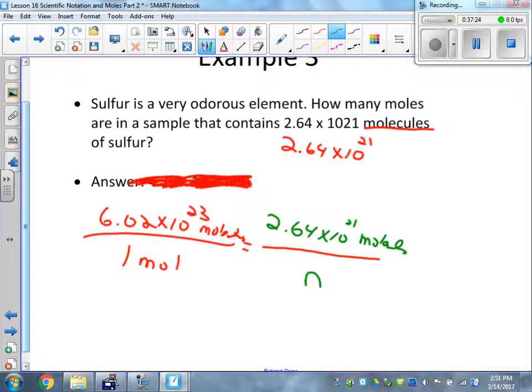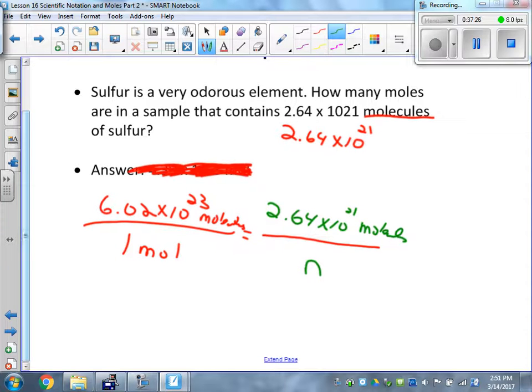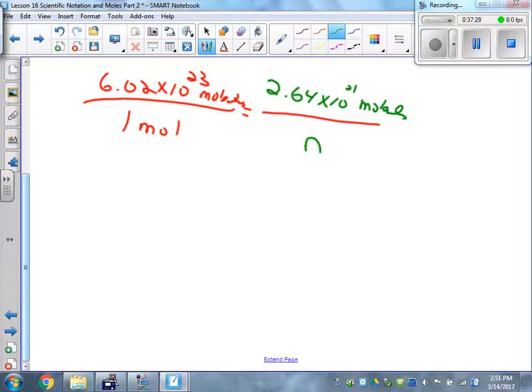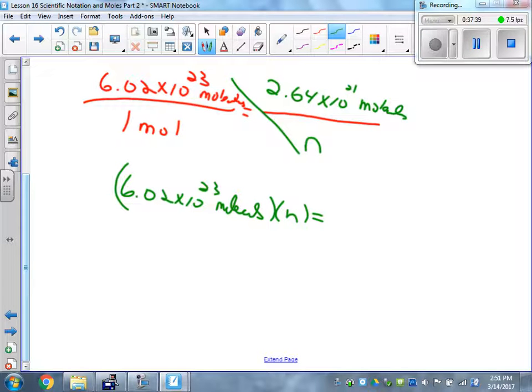Okay? Cross multiply and solve, right? So you'll quickly see a pattern here. 6.02 times 10 to the 23 molecules times N, right? So that times that, and I'm going to set that equal to 1 mole times 2.64 times 10 to the 21 molecules.